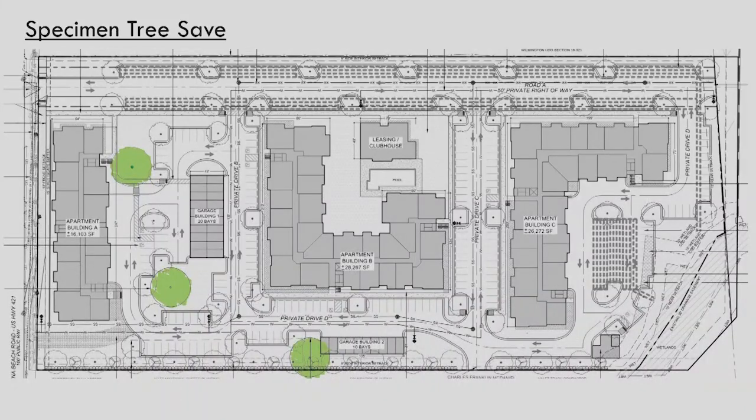All right, Private Drive C there that connects to the Plan South here. That would be greater than 500 feet from that Private Drive A going through, but really only because we're providing the stub.